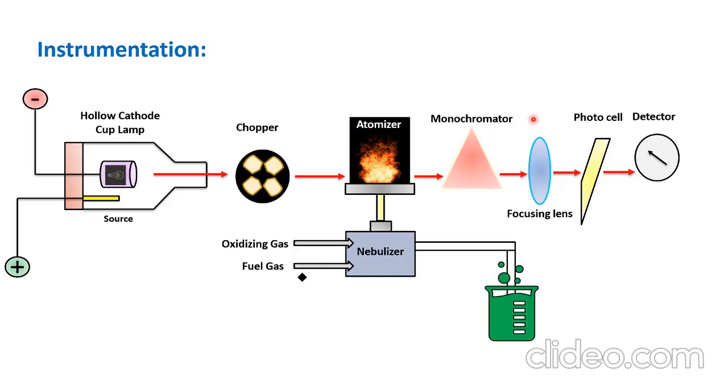So this is a typical instrumentation of the AAS. It has a hollow cathode lamp, and a chopper is attached, and it goes to the atomizer first. The atomizer basically atomizes the metallic ion, and then it goes to the monochromator and detector.